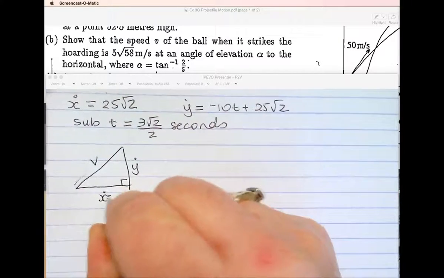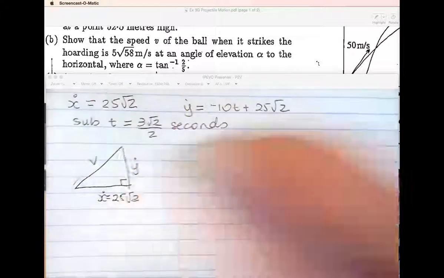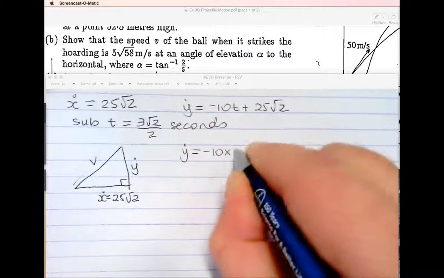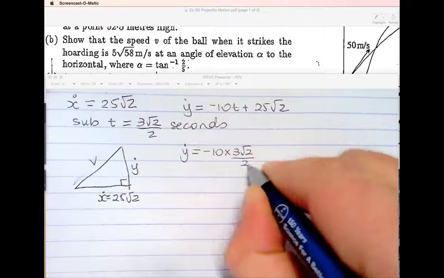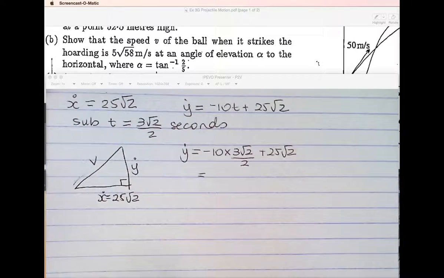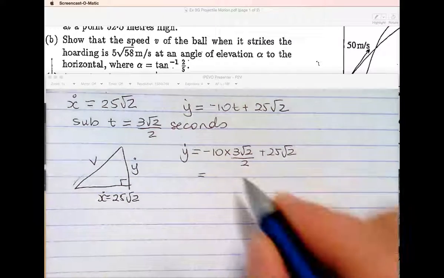So that x dot is 25 root 2, but the y dot we have to work out. It's negative 10 times 3 root 2 on 2 plus 25 root 2, which is what? Have I got negative 15 root 2 plus 25 root 2? Can you see that?